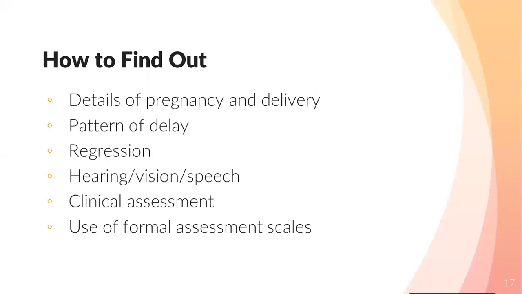Or in case of various things like autism, we see developmental regression. That means when the child is already achieving a milestone, ultimately it's losing the milestone after having achieved that.